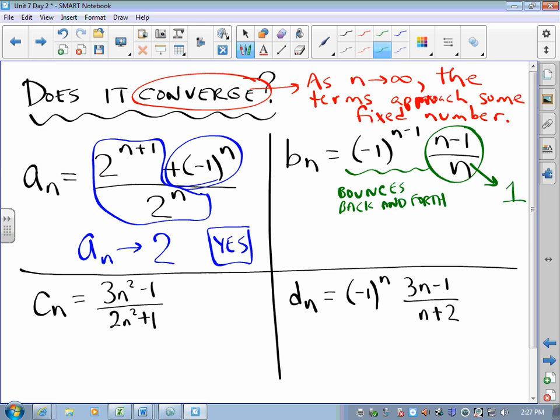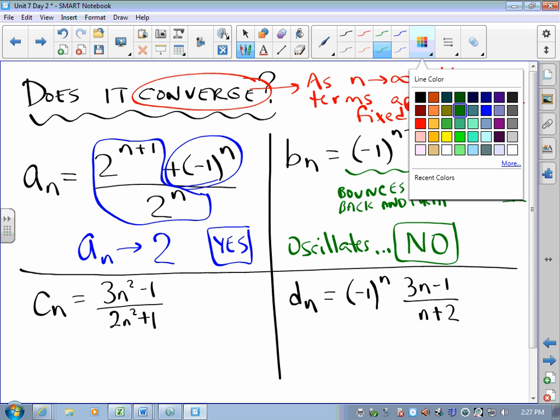When you get to sufficiently large n's, you're basically dealing with a sequence that's 1, -1, 1, -1, 1, -1, 1, -1, and so on. So this sequence does not converge because it oscillates.